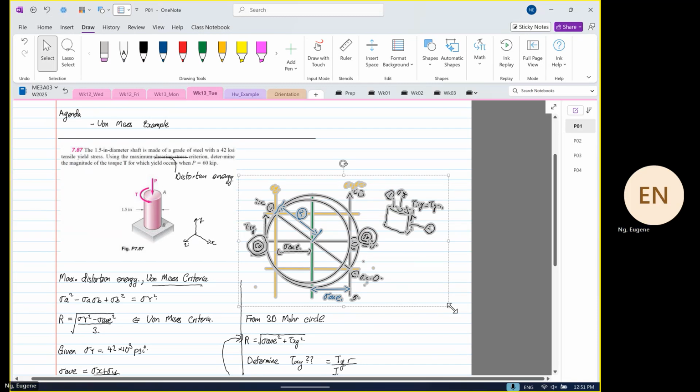Term test. What am I talking about? This is a very good exam question where I make you compare the value determined from both Tresca and von Mises.